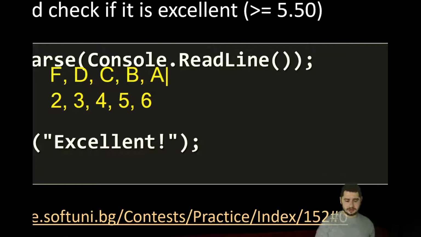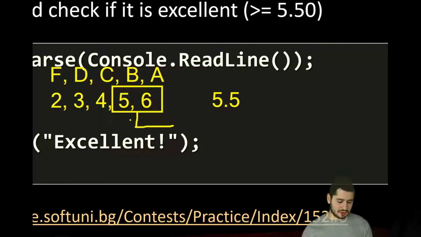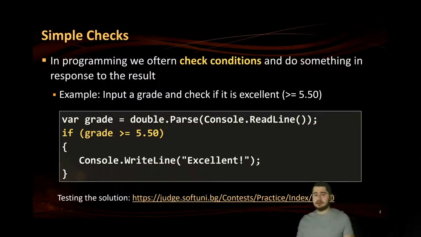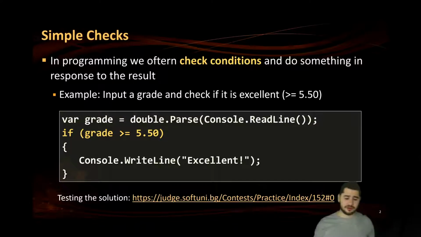That's the things they correspond to. And if someone has the grade 5.5, that means that he's in between these two. And if it's greater than 5.5, that's an excellent. Okay, although it's not a full 6. So that's something to have in mind, which is just necessary for this exercise.